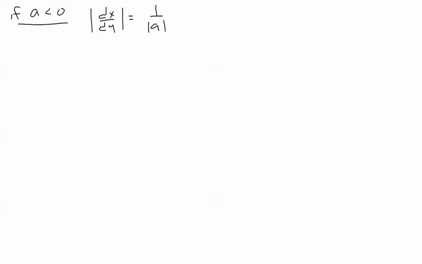And my probability density function looks something like this: alpha over absolute value of a times e to the minus alpha over a (y minus b).